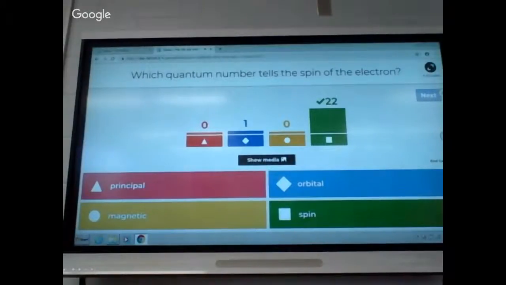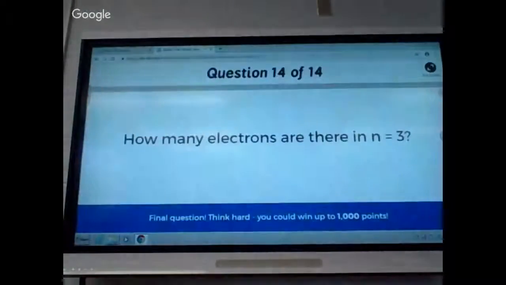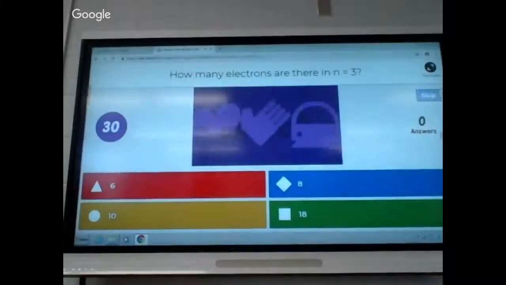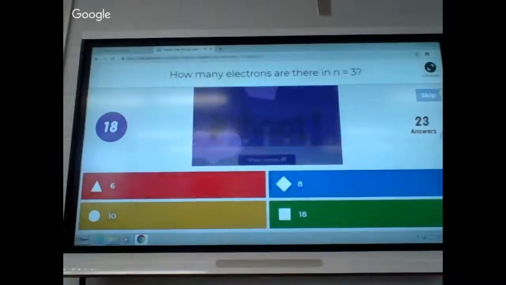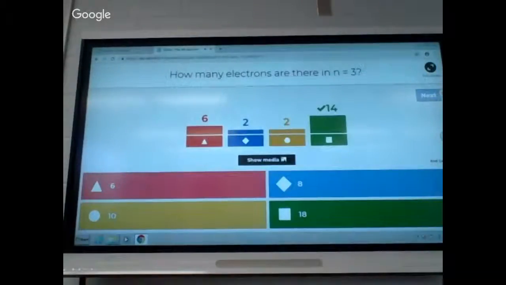I'm hoping the person who picked orbital just accidentally clicked on the wrong thing. All right, last question. I don't know. No, it's actually... Oh, I got that face plate.